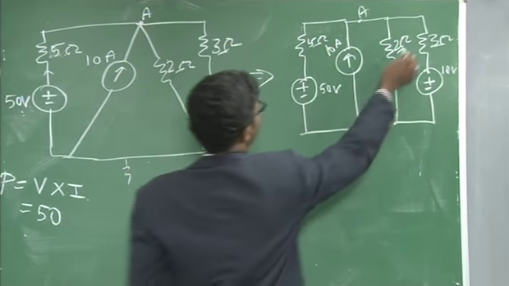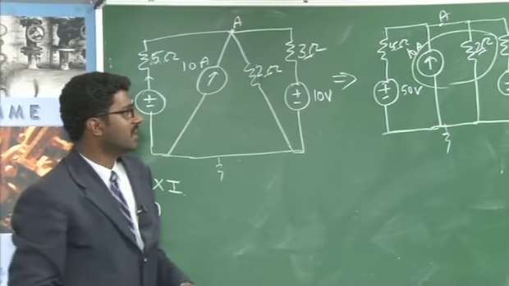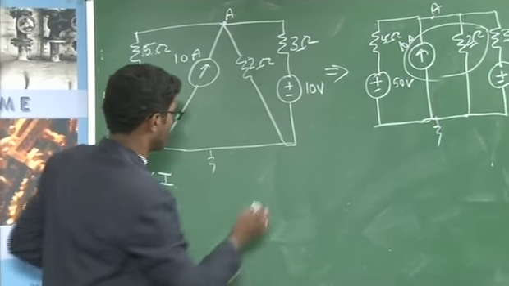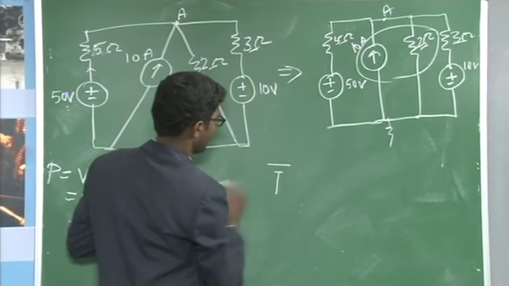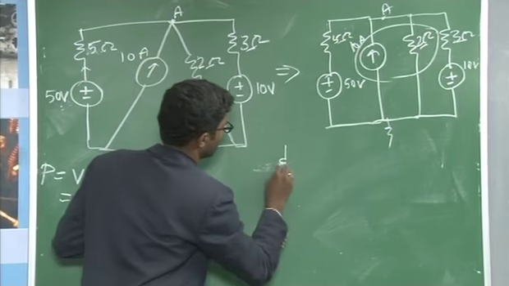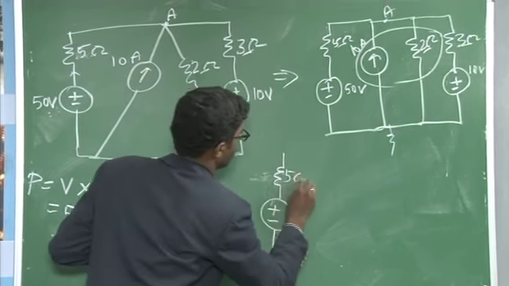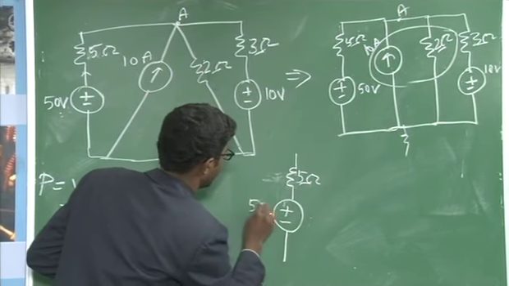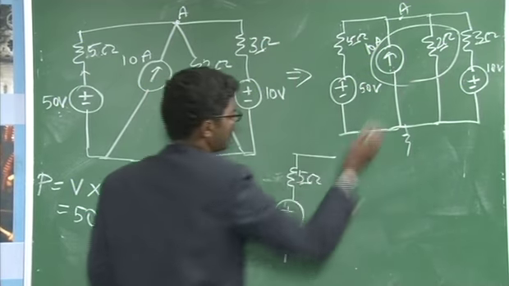So now you can see there is a practical current source, you can convert it into an equivalent voltage source. When you convert it, your circuit simplifies like this. So how to convert this practical current source into a voltage source?